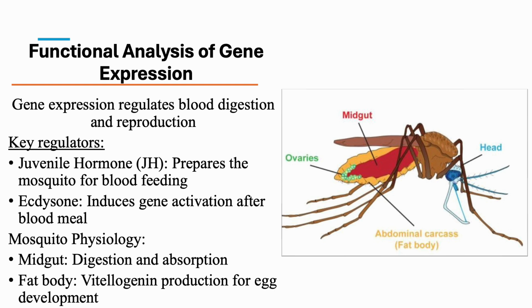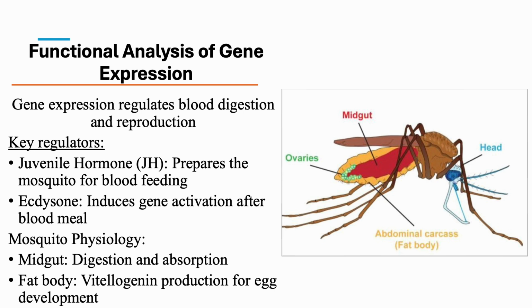With this said, you may be wondering how this happens. How do mosquitoes know when to activate what? This is where the hormones come into play. These are known as juvenile hormones, abbreviated as JH in the chapter, and they play a crucial role. Before feeding, juvenile hormone keeps things regulated and makes sure the mosquito is ready for the blood meal that it may ingest.